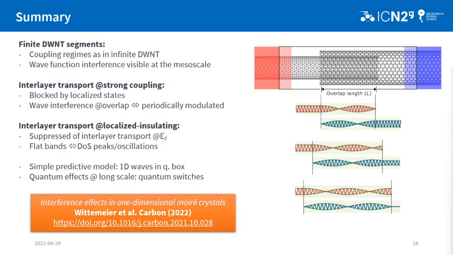Are you able to make any closer contact with experiment? In particular, in the experiments, are they able to control the geometries and the overlap length of the nanotubes? To my understanding, that is exactly one of the challenges in the experiment: to actually know the exact chirality of both tubes, and even if you know it, to control it in the creation process in a way that you can say, I want this tube inside, I want this tube outside.